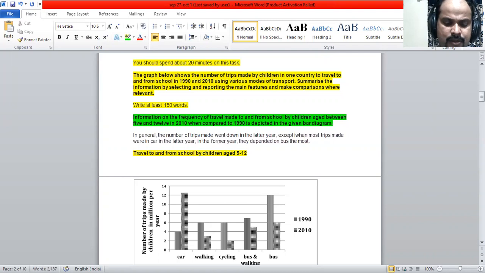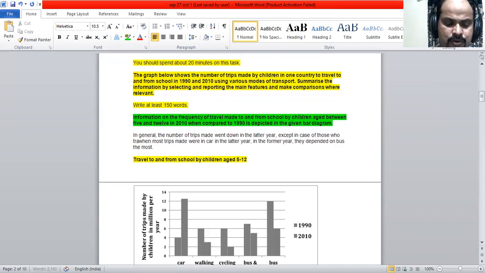Except in case of those who traveled by cars.